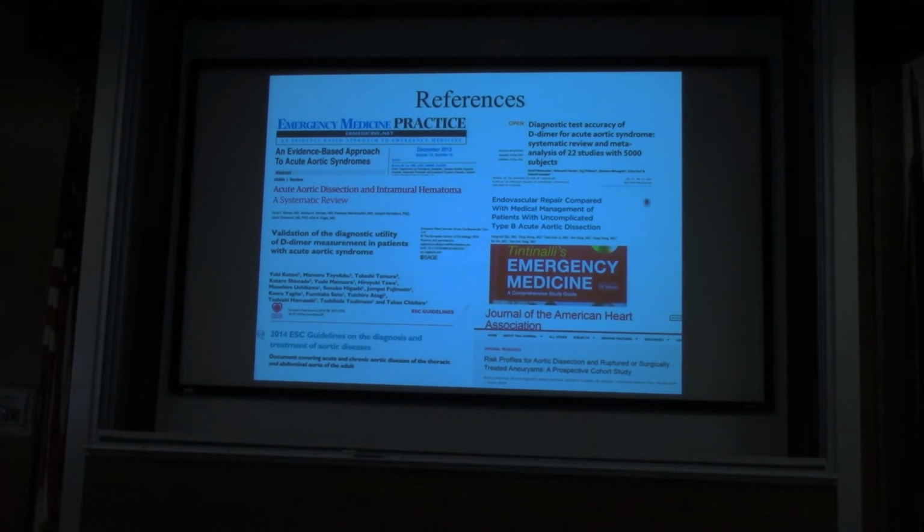So last, while I respect your comments on getting more CTs, that's on dissection. But I think, as you mentioned in your last slide, if you do a really good physical exam, you can really increase the yield of CT.